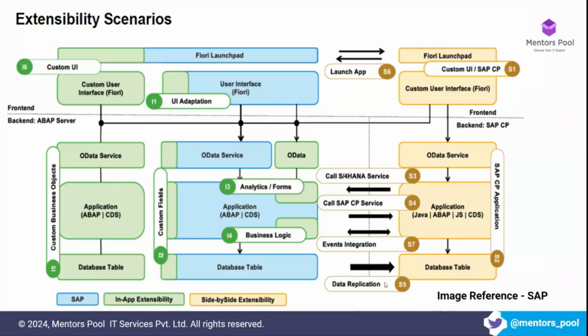If the extent of upgrades is very impactful, because you're adding custom fields down to the database layer and affecting the whole chain of the application, then it falls under in-app extensibility.